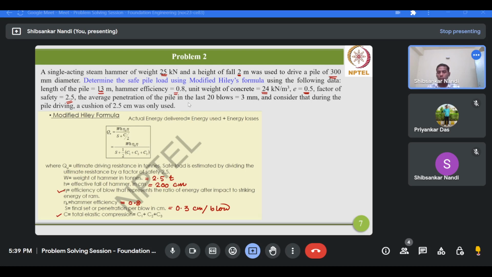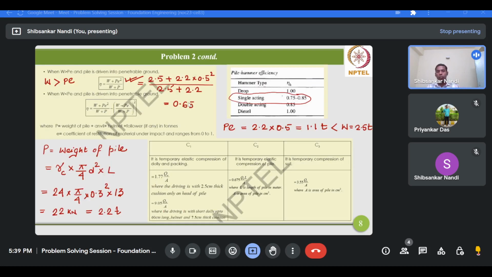So the last value which we still have to figure out is the value of C. To calculate this C value, you have to calculate the components C1, C2 and C3 individually. Then you have to add these values to get the C value. Okay. Now C1, C2, C3 you can calculate by using this table.